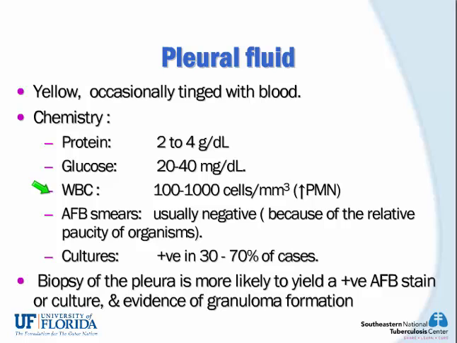Acid-fast bacilli smears are usually negative because there are very few organisms there. The cultures, however, can be positive in 30 to 70% of cases. A pleural biopsy has really good yield because it is likely to yield a positive acid-fast bacilli stain, positive culture, and evidence of granuloma formation.